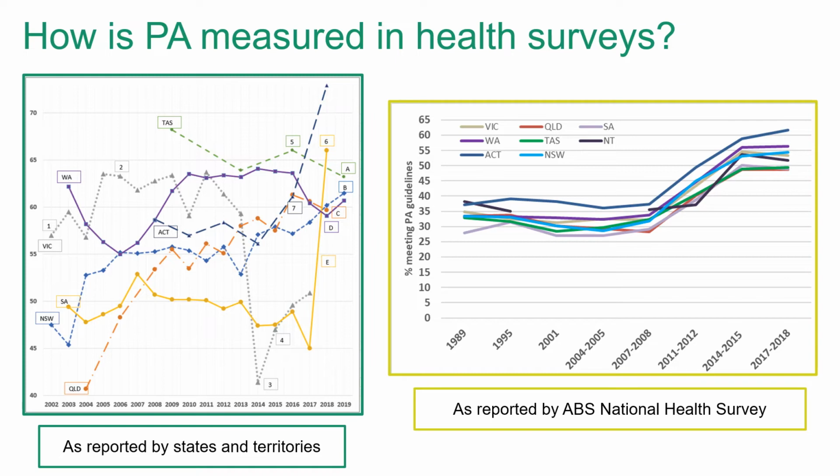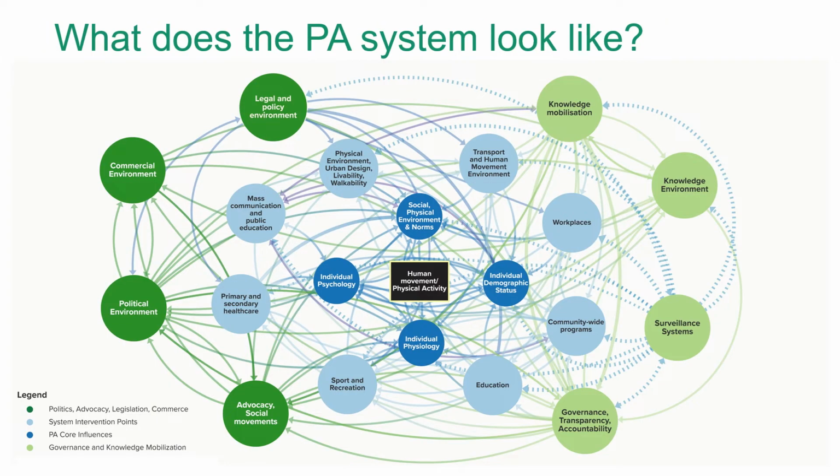What we'd like to understand through the discussions we're having with each of these states and territories is whether we can achieve greater standardisation of physical activity measurement in health surveys that would allow for greater comparability between and within jurisdictions over time.